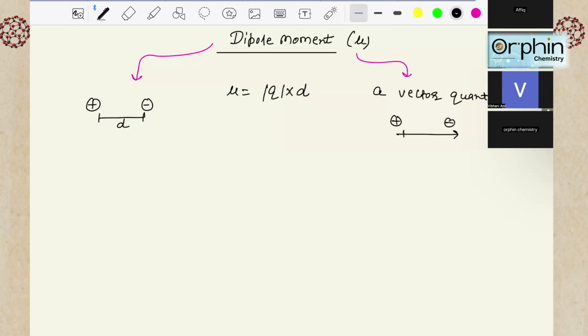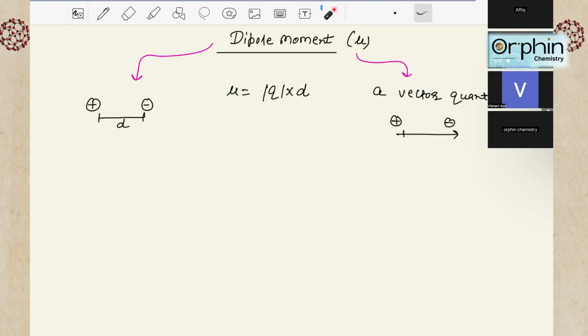When there is one negative charge, it is 1.6 into 10 raised to power minus 19. When there is one positive charge, the value is the same, just the sign is opposite. We take the mod value, that means we are not thinking about the plus or minus sign. Just the numerical value of the charge is required, which is 1.6 into 10 raised to power minus 19, when complete positive and complete negative charge is there.